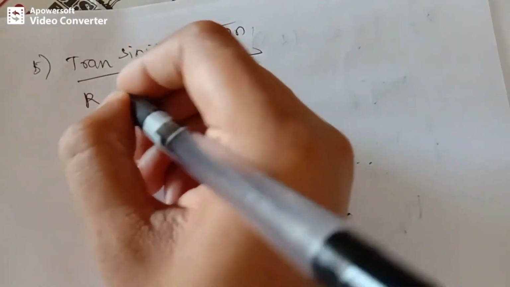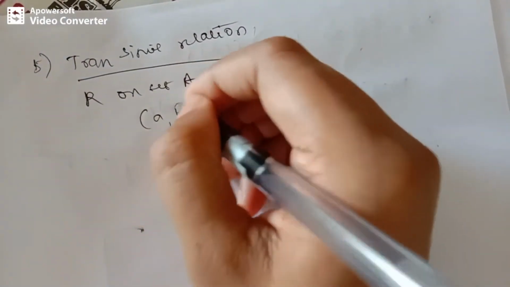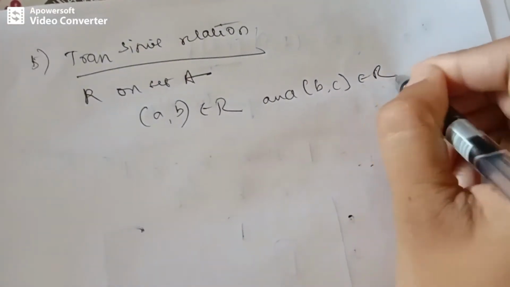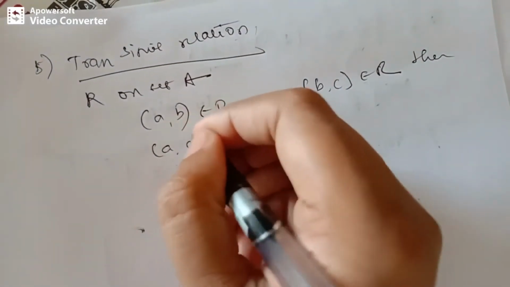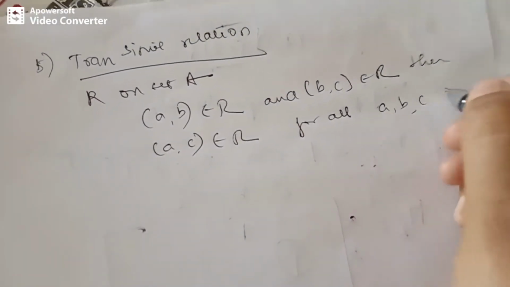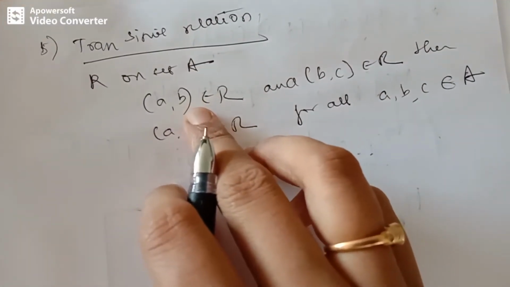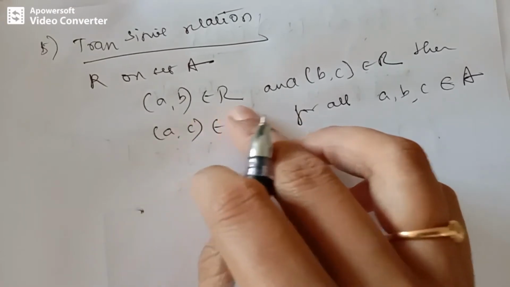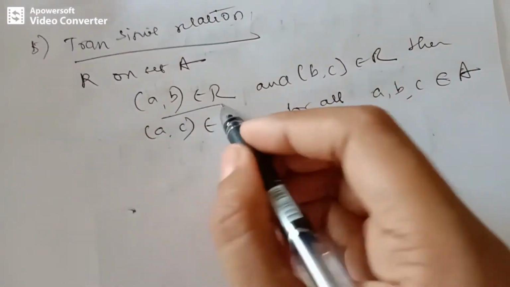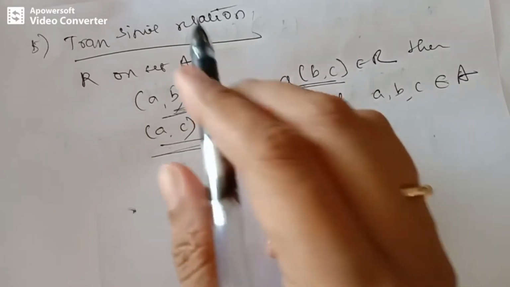A relation R on set A is said to be transitive if whenever (a, b) belongs to R and (b, c) belongs to R, then (a, c) belongs to R for all a, b, c belonging to A. We need to have, if there are two such pairs, this third pair also in the case of a transitive relation.